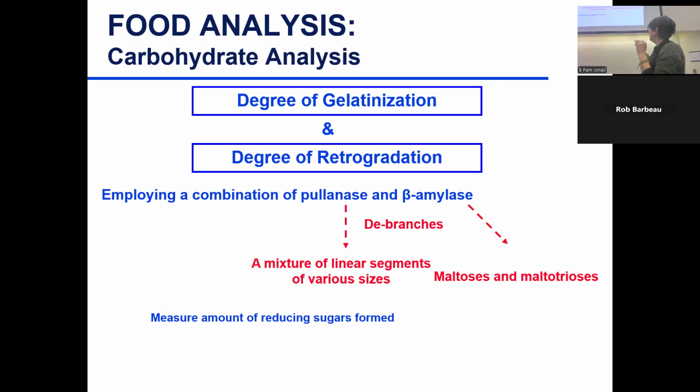Then you will have maltose and maltotriose, which are reducing sugars. Then you can use a reducing sugar assay, like Somogyi-Nelson, and determine the reducing sugar that you have generated. Now, if you have a high value, does it mean the starch is retrograded or gelatinized?